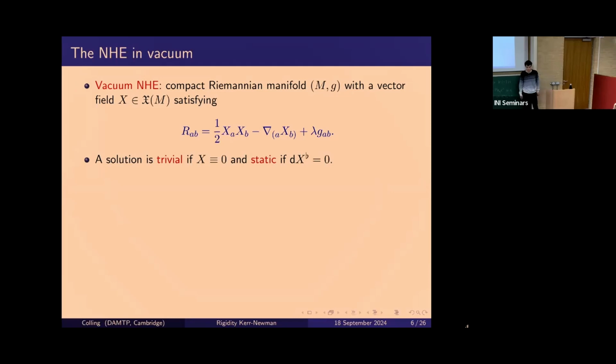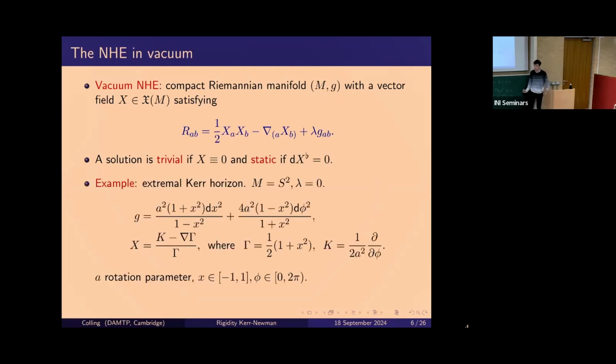And well, the simplest non-trivial example of a solution to this equation we can write down is the extremal Kerr horizon, where X is going to be cos theta, and theta and phi are the usual coordinates on the sphere. And it's important to note that there is a Killing vector, an axial Killing vector, and this vector field X can be written in terms of K in this special way.